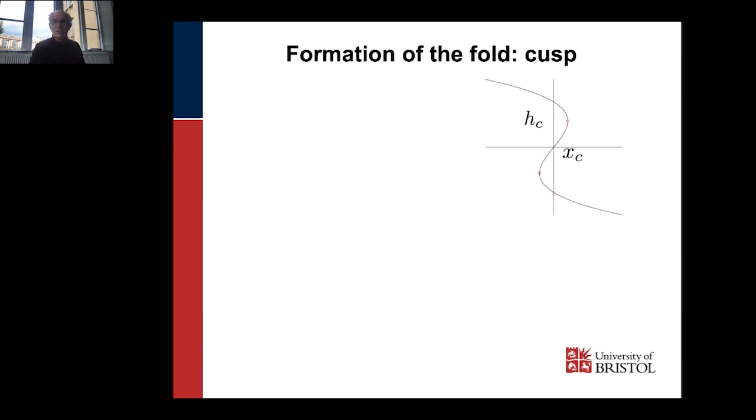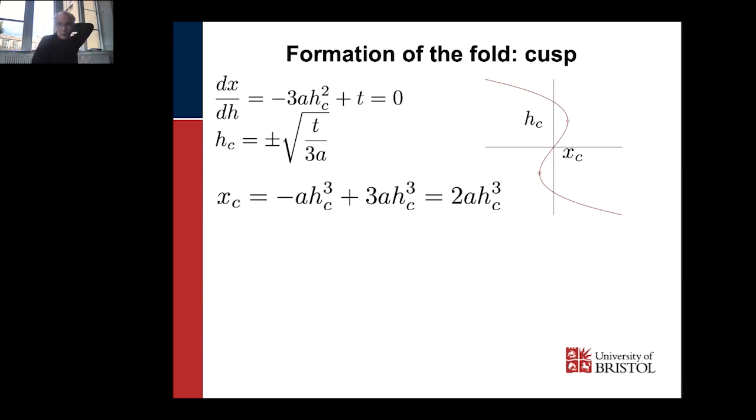But now I can also ask, as t varies, where is the location of the fold? So the location of this object here, obviously, is where I have a vertical slope. So dx/dh is 0.